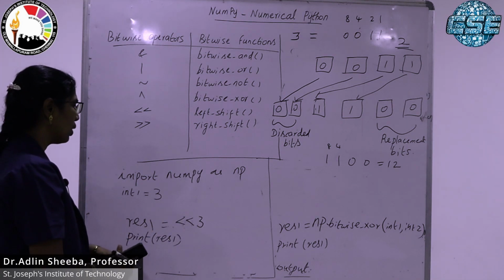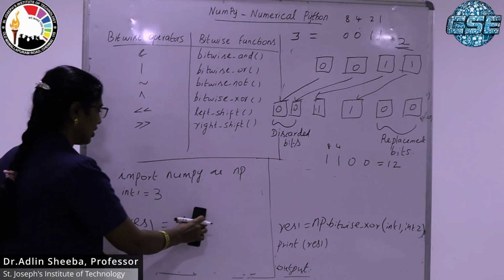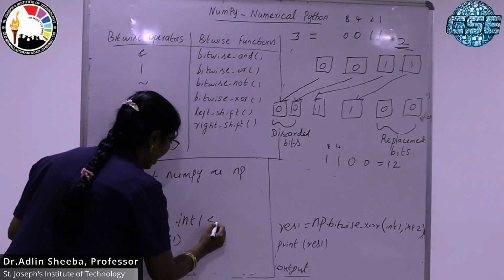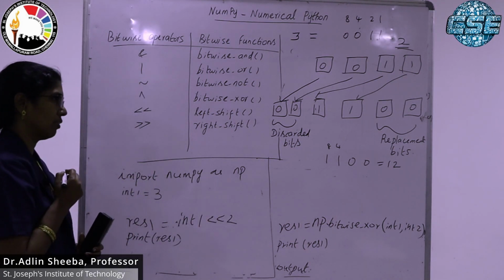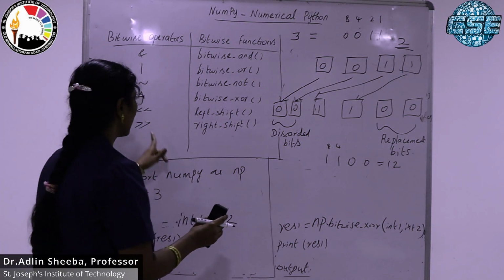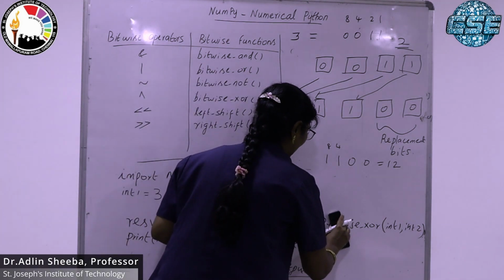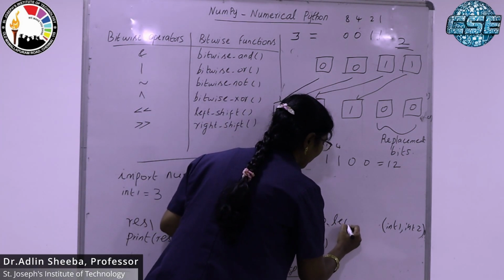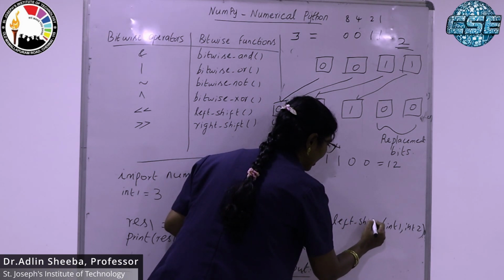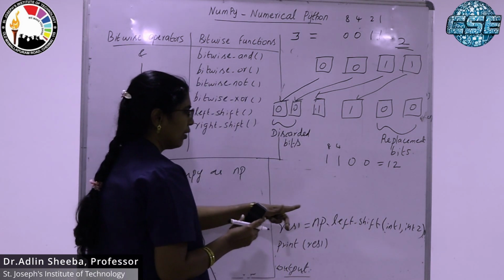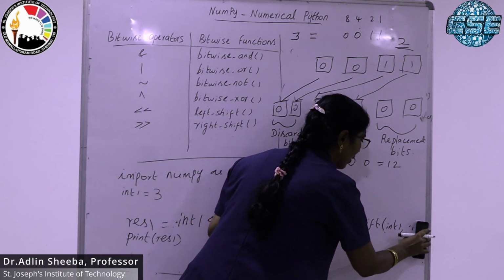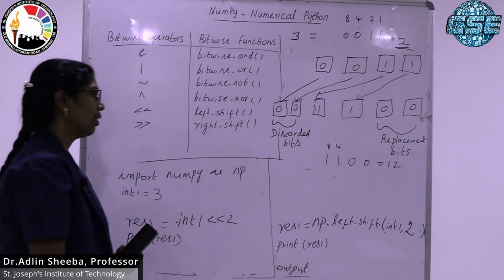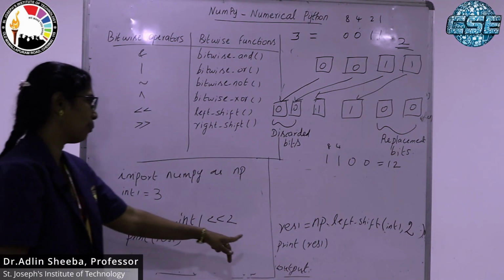We are going to left shift int1 by 2 positions. The corresponding function here is np.left_shift, where this int1 we are going to shift by 2 positions, and we are printing.